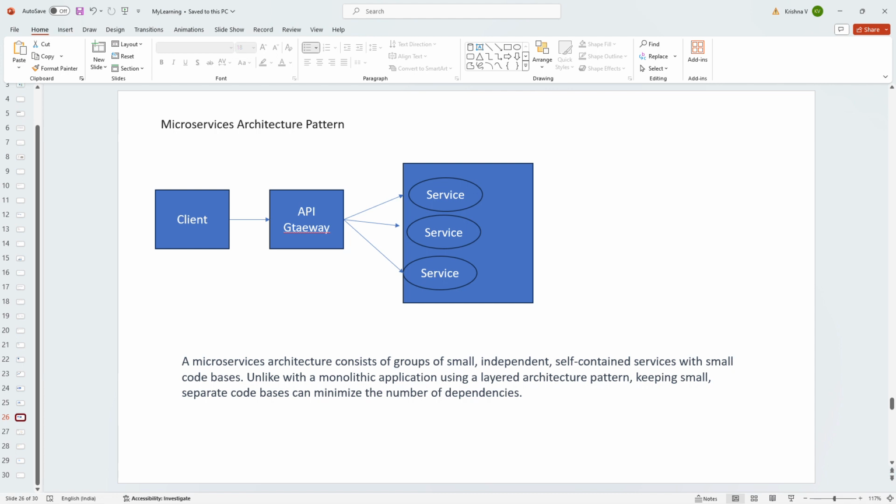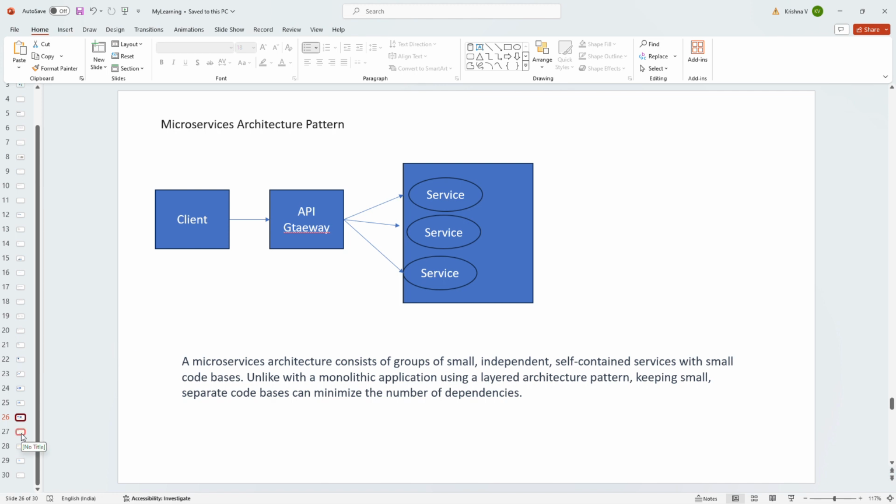Okay, so the microservices architecture consists of a group of small chunks, meaning small, independent and self-contained services with a small code base. So unlike the monolithic application using a layered architecture pattern, keeping small separate code bases can minimize the number of dependencies. So this is the most widely used pattern, where generally we avoid monolithic architecture.